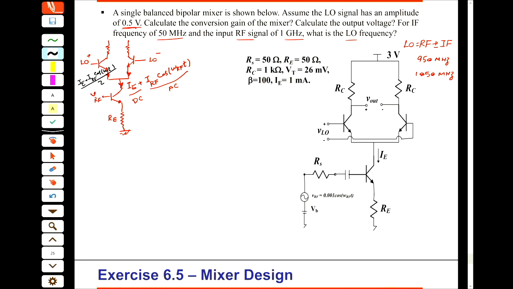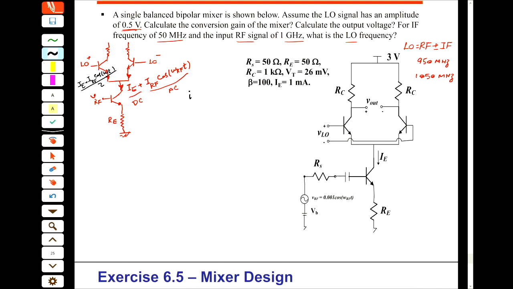And then what we know is that IRF equals GM VRF. So we have a transconductor, it changes the voltage into the current with the factor of GM of the transistor.